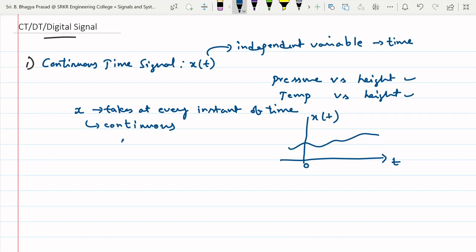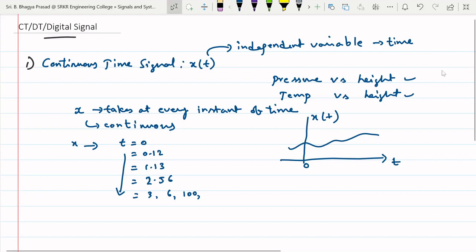Okay, x at t equal to 0 is 0.12, 1.13, something like 2.56. Not only like this, it can take the integers 3, 6, 100, anything. Okay, t takes all these values at each and every instant of time continuously. x was defined continuously all the time.